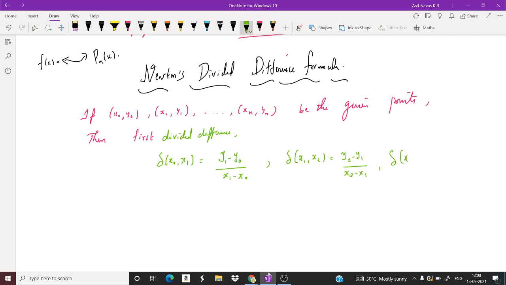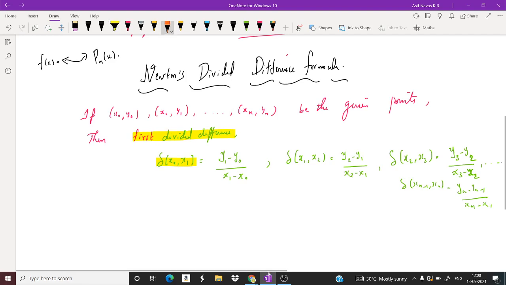Similarly, delta x2 x3 is y3 minus y2 divided by x3 minus x2, and so on, up to delta x n minus 1 xn, which is yn minus y n minus 1 divided by xn minus x n minus 1. So these are the first divided differences.